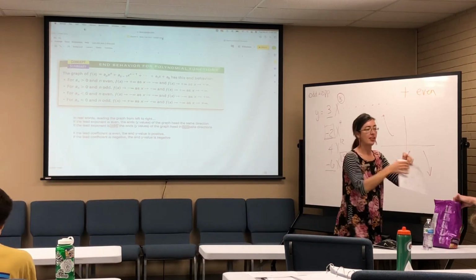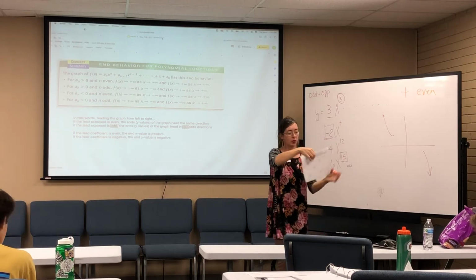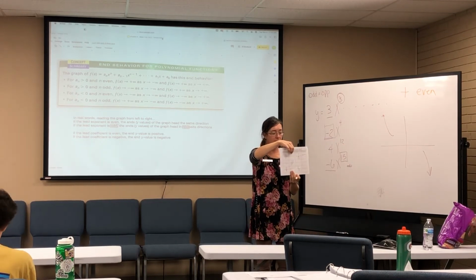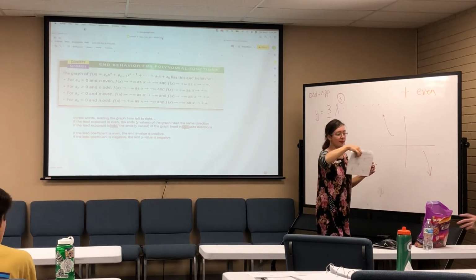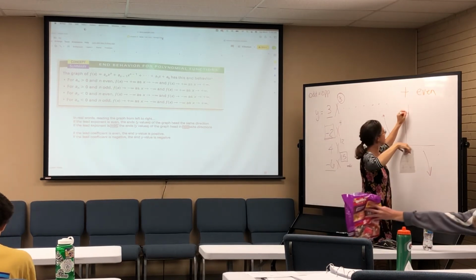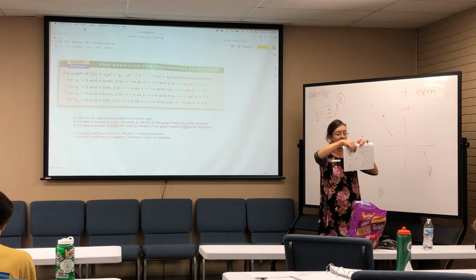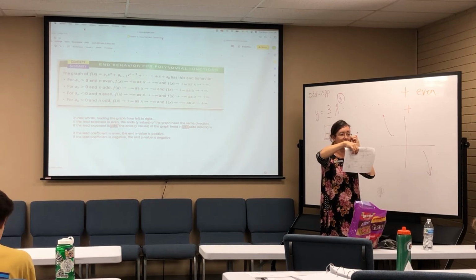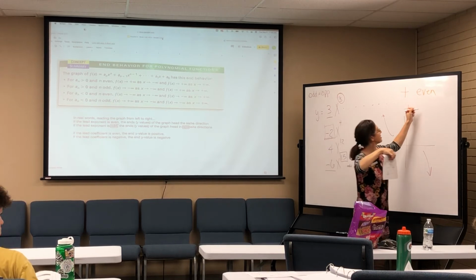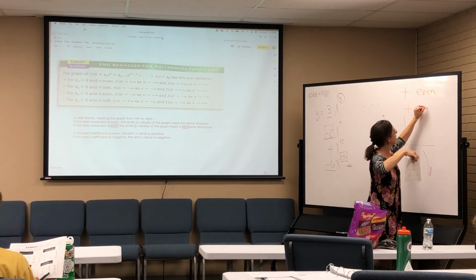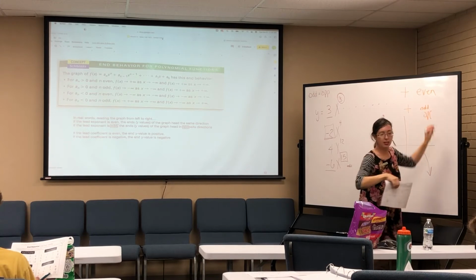Isaac, next one. What would it look like? It's going to end what? It ends positive. Are they going to be the same direction or opposite direction? Opposites, because it's odd, so they're going to be opposite directions.